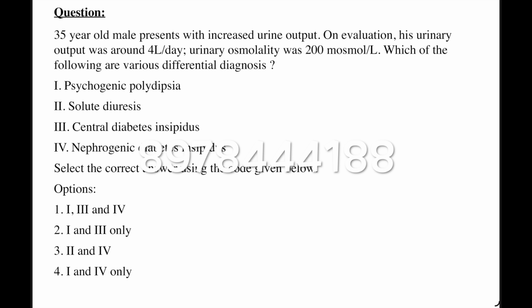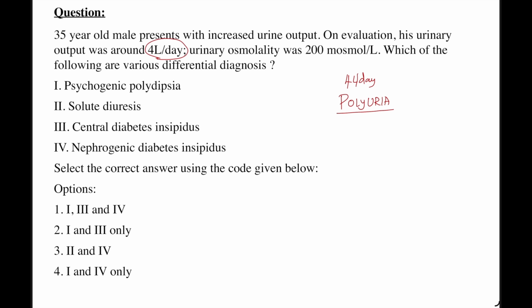Now coming back to the next question: a 35-year-old male presented with increased urine output. What was the urine output? 4 liters per day. That means we are looking at a condition known as polyuria. So how do you approach a case of polyuria? You need to know whether it is water diuresis versus solute diuresis.